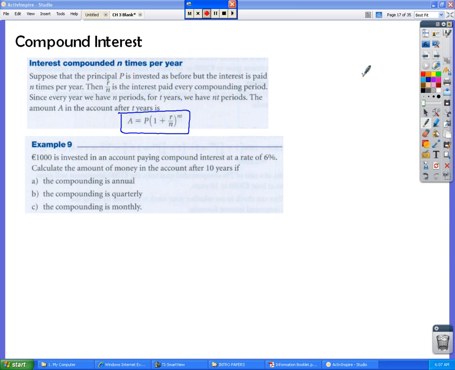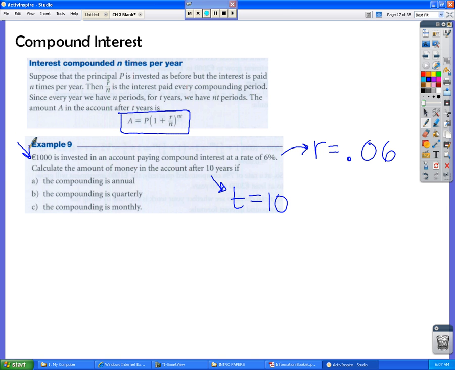All right, so 1,000 euros is invested. You're going to pay compound interest at a rate of 6%. So this is our R. 6% would be 0.06. R must be in the form of a decimal. Calculate the amount of money in the account after 10 years. So this here is our time. Time is equal to 10. This is our initial amount, which is P.